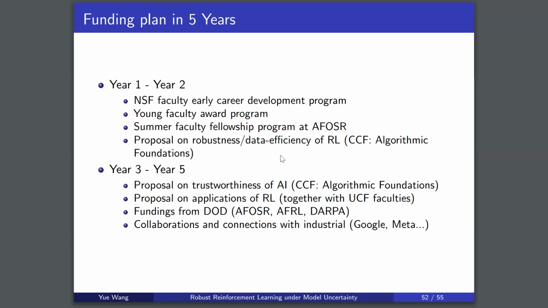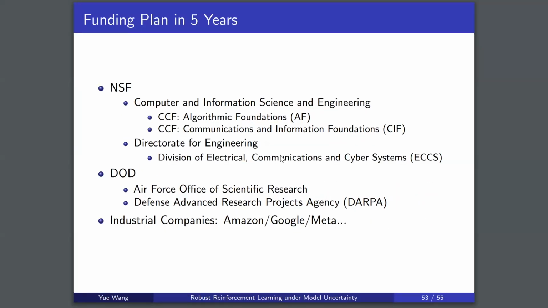I will also seek funding from the Department of Defense or industrial companies. So basically, I will mainly submit my proposals to NSF, including the Computer and Information Science and Engineering and the Directorate for Engineering programs. I will also seek funding from DoD and the industrial companies.